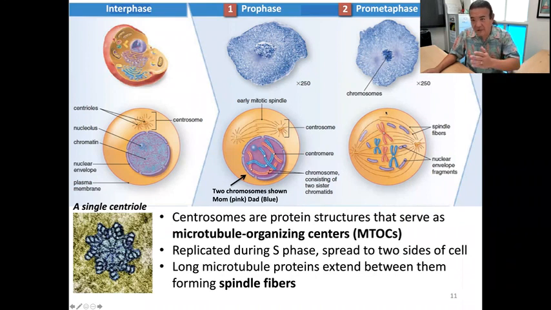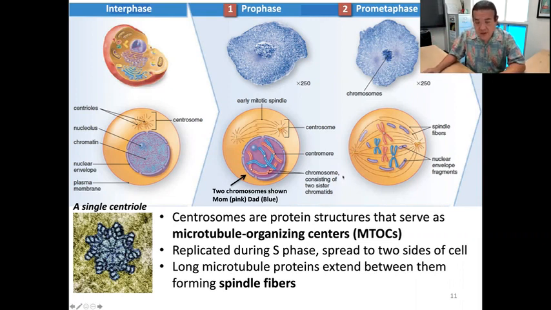Then the latter half of prophase, known as prometaphase, is you see the connection of these spindle fibers to these chromosomes. And you begin to actually see that two poles are beginning to form, right? Two ends of the cell beginning to define where the two separate daughter cells are going to be.